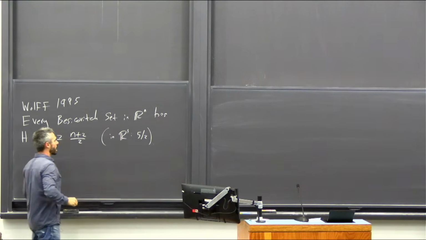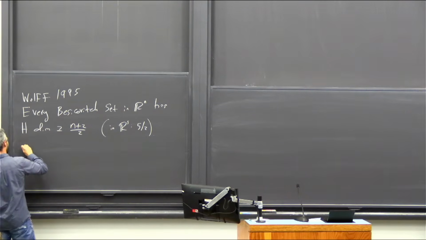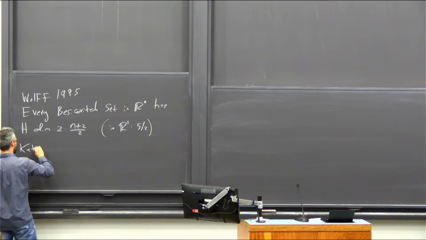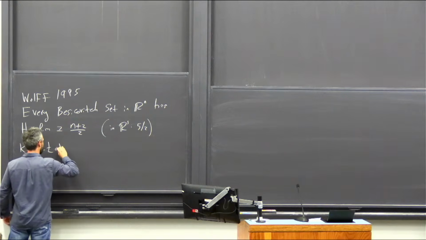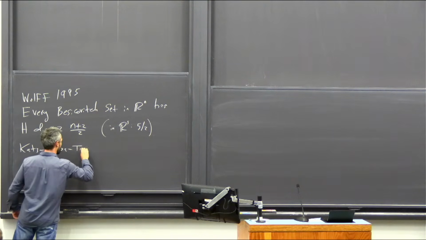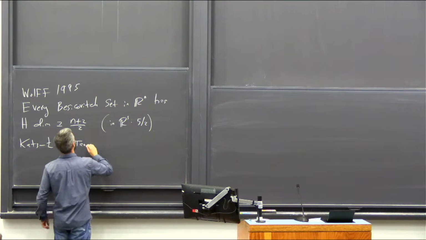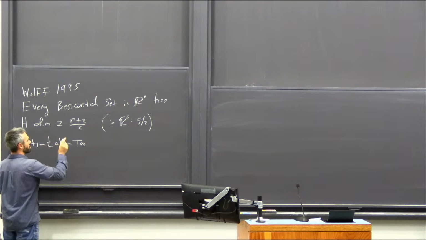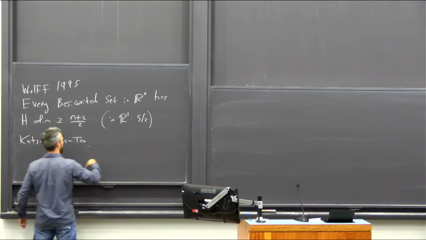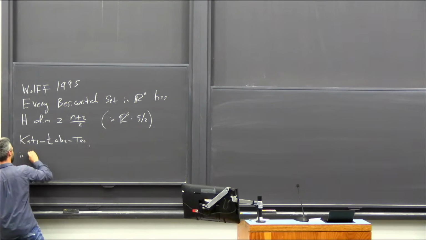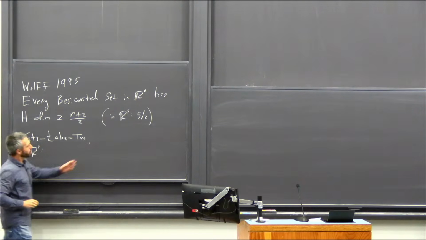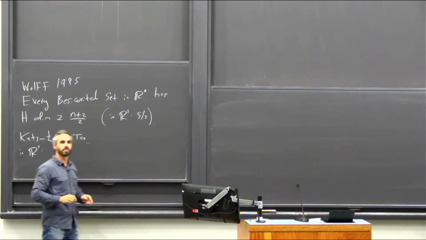OK. And a few years later, Katz, Łaba, and Tao made an improvement to this. They proved that every Besicovitch set in R^3 has... well, it would be nice to improve the Hausdorff dimension bound in R^3.